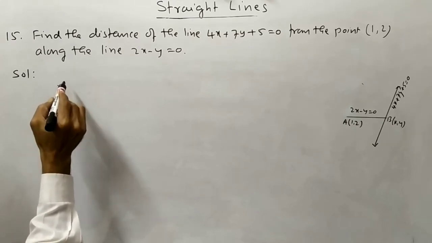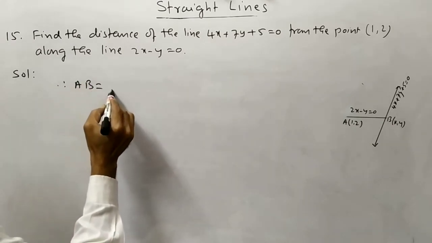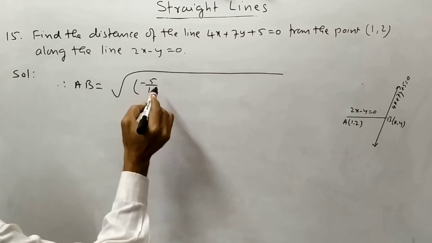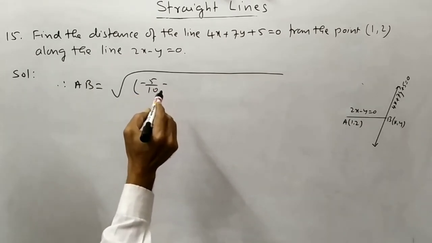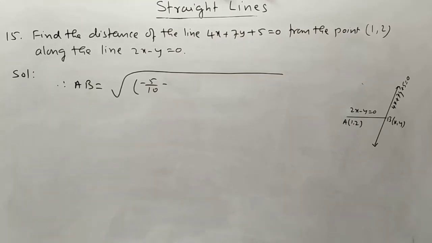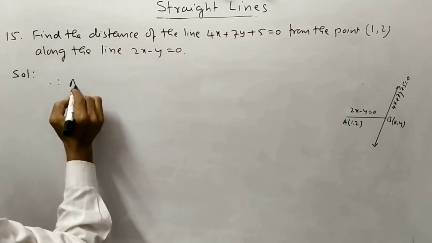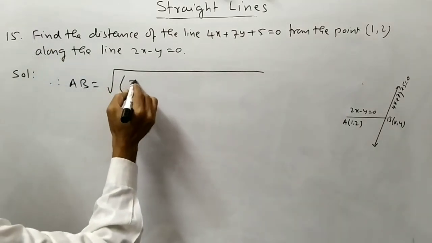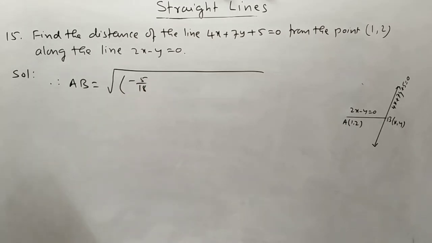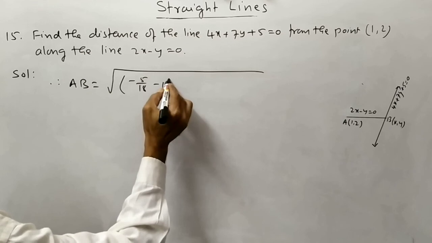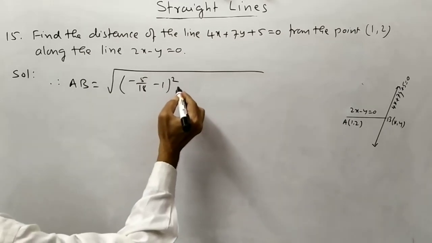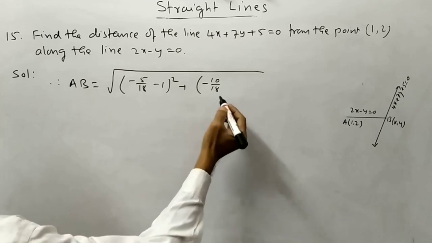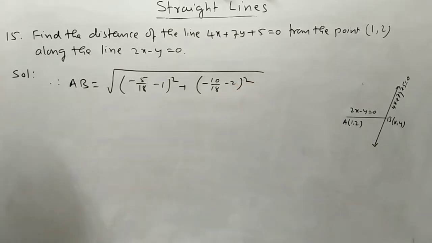Therefore, AB is equal to square root of (minus 5 by 18 minus 1) whole square plus (minus 10 by 18 minus 2) whole square.